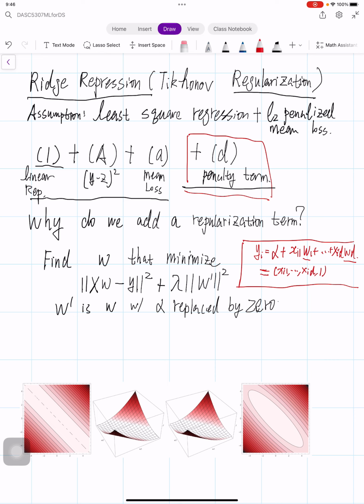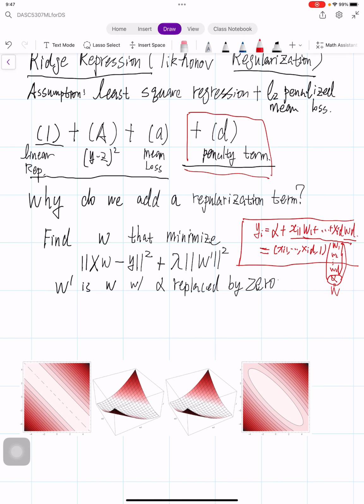Then we multiply the weight vector w1, w2, wd, and the last one is alpha. So this is our w vector, but for w prime we want to penalize only the coefficients on the covariates. We do not want to penalize the alpha intercept. Okay, so that's the problem we are facing now.